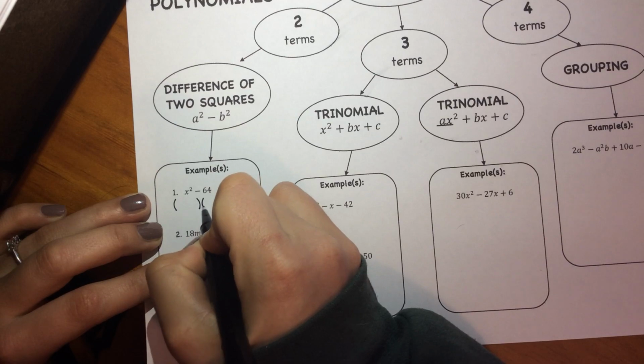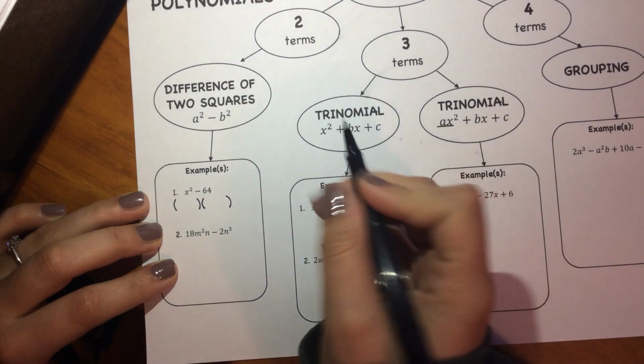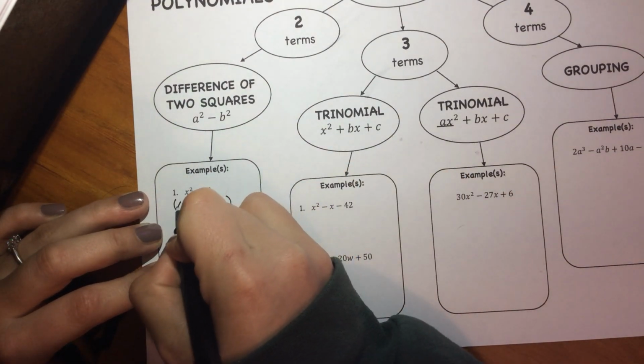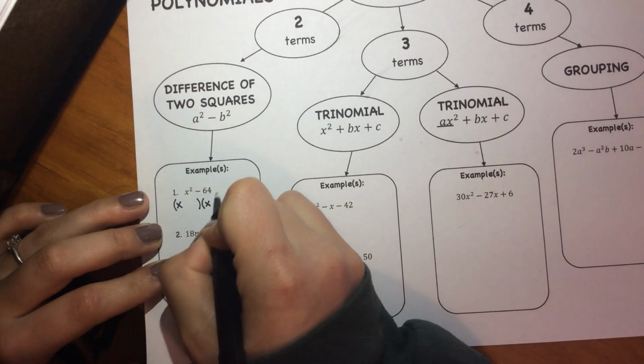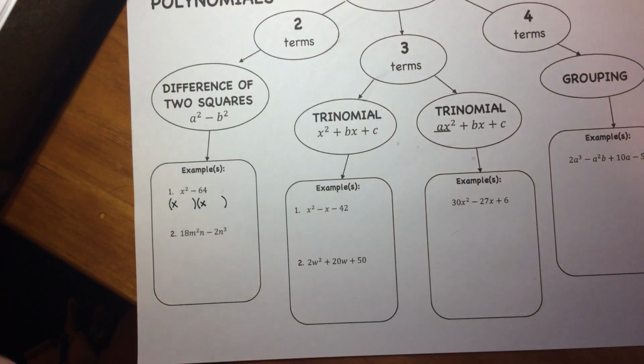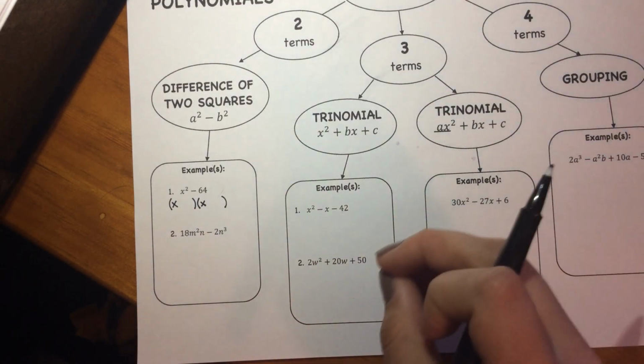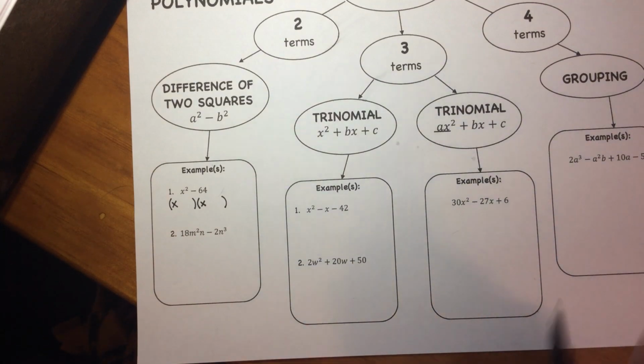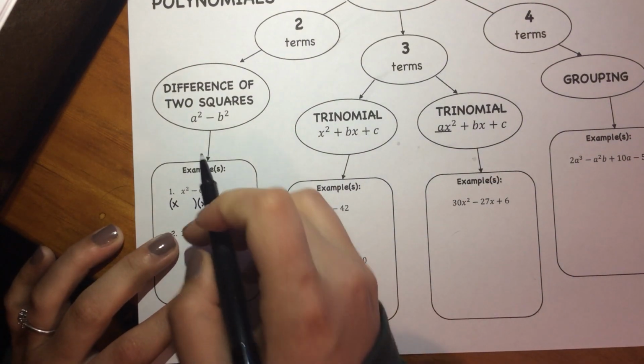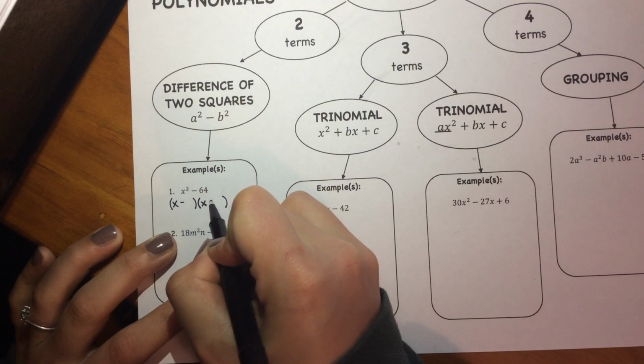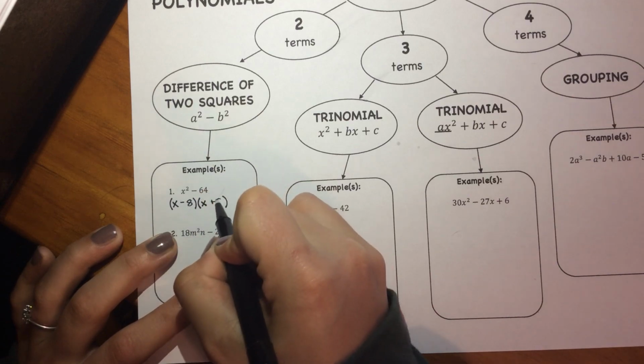It's going to be 2 sets of parentheses. You break up your first term into x and x. Then what are the factors of 64? It's a perfect square, meaning something times something gives you 64, and those somethings have to be the same. So 8 times 8 gives you 64. One's going to be minus, one's going to be plus, and that's going to be 8 and 8.